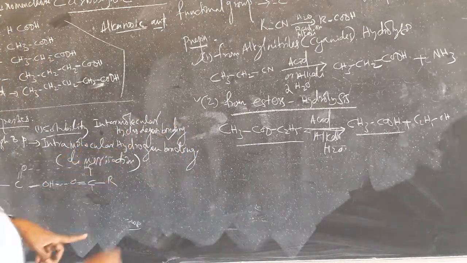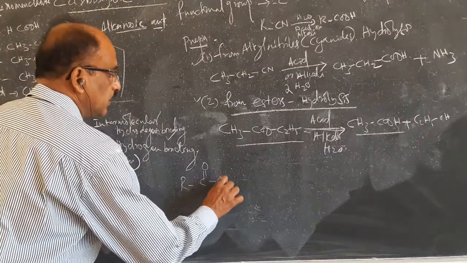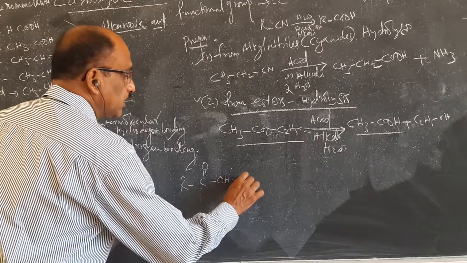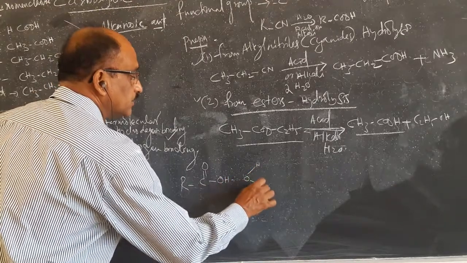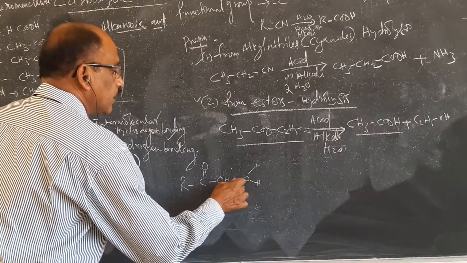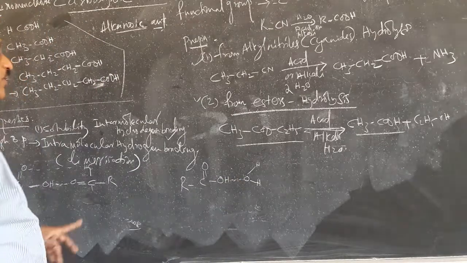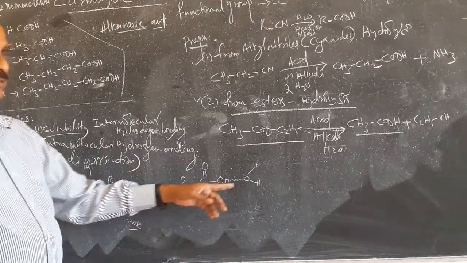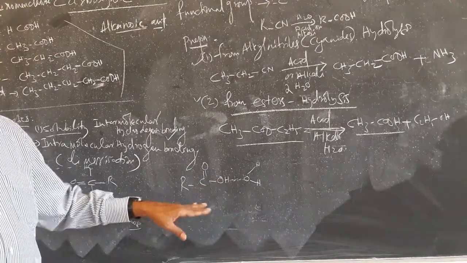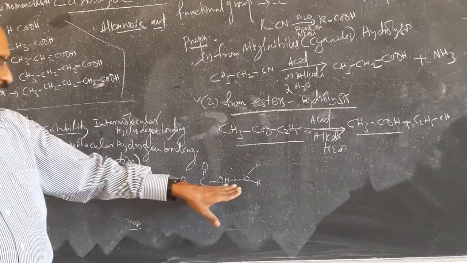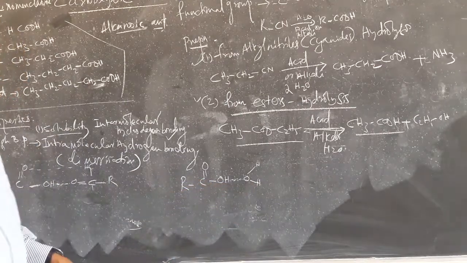Intermolecular hydrogen bonding means RCOOH, which can be attached to the oxygen of the water. So this is intermolecular with water. Here the carboxylic acid can form a hydrogen bond with a water molecule.